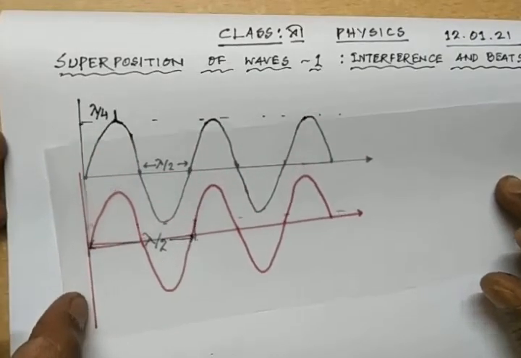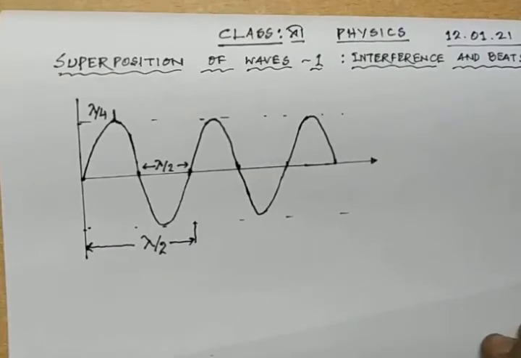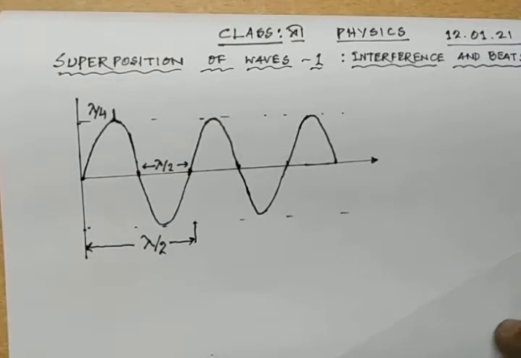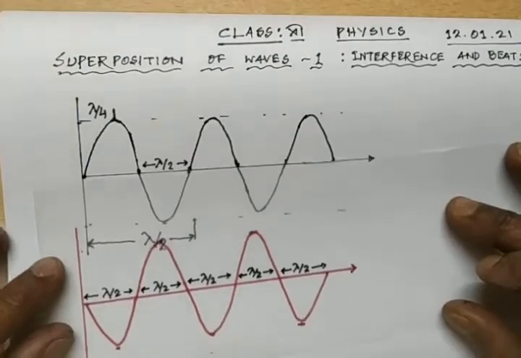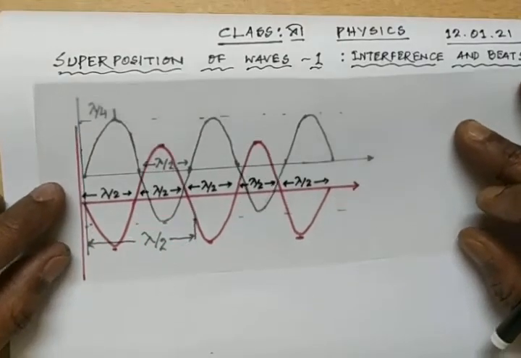And what will happen if the wave falls on it exactly opposite? Let us show this. Another wave falls on that wave exactly like this.